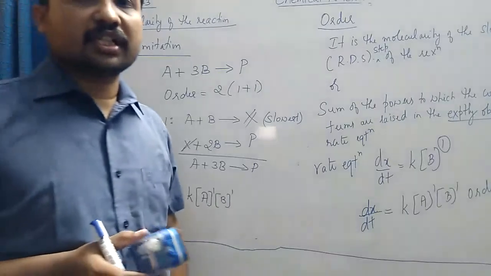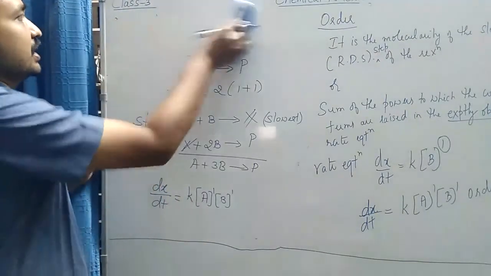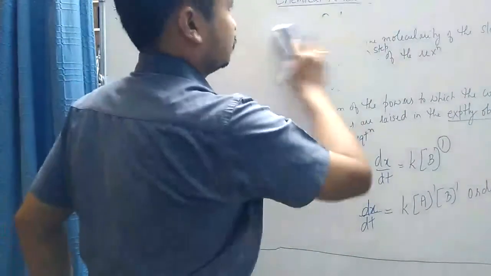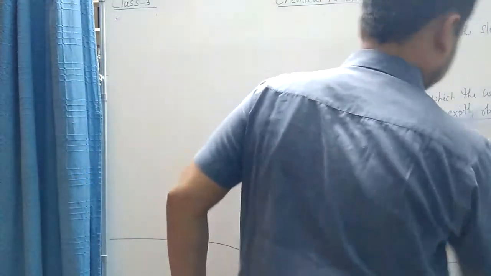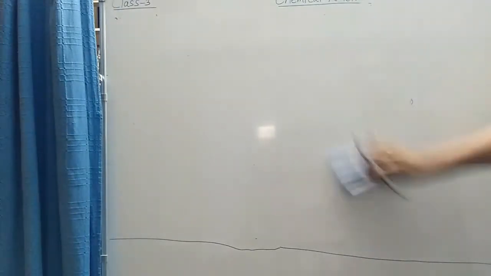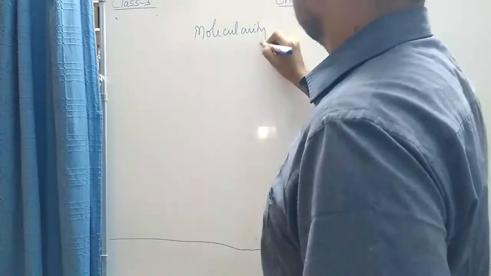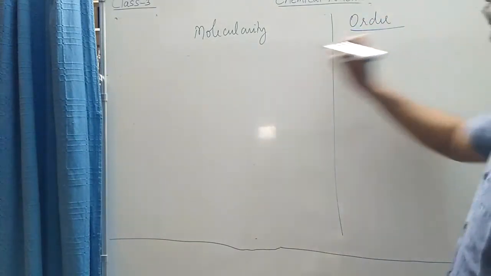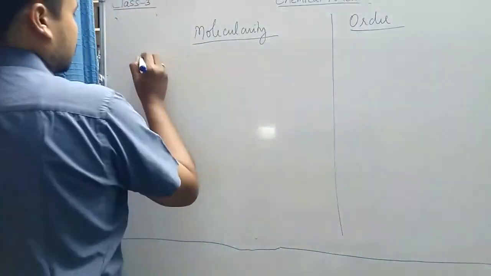Now let us understand what are the important differences between order and molecularity of the reaction. So the first difference is the definition.